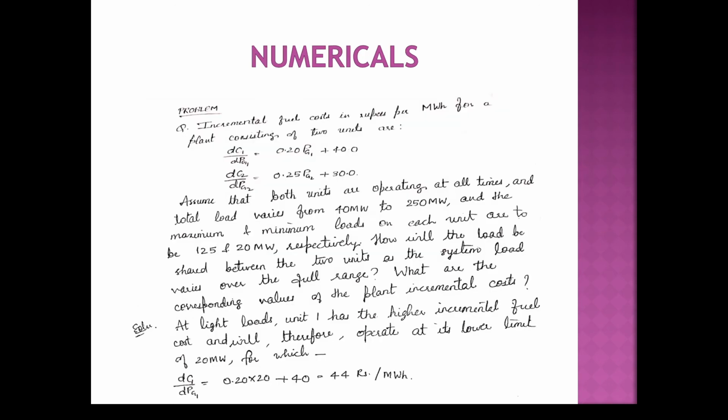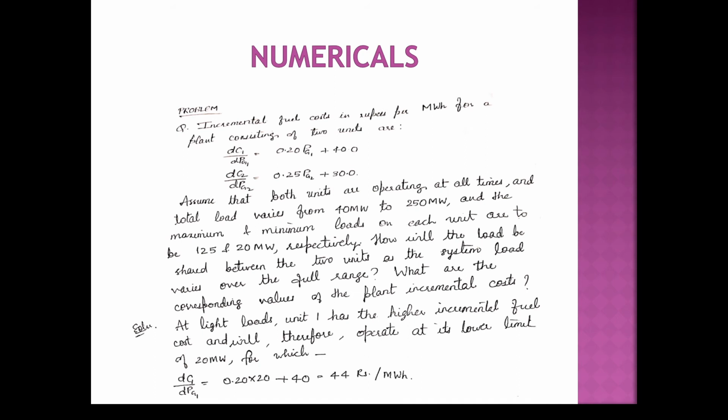Now let us see some numericals based on this topic. Incremental fuel cost in rupees per megawatt hour for a plant consisting of two units are dC1 by dPG1 equal to 0.2 PG1 plus 40, and dC2 by dPG2 is 0.25 PG2 plus 30.